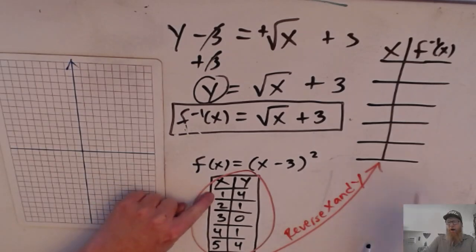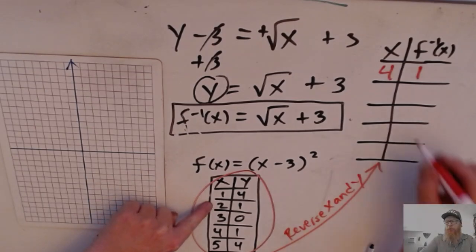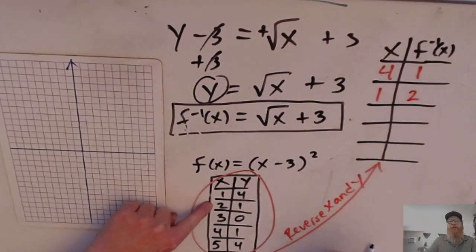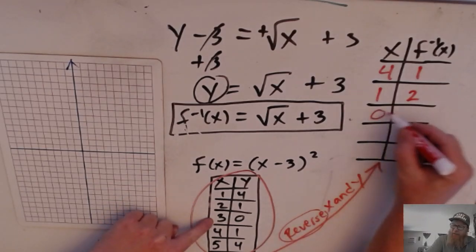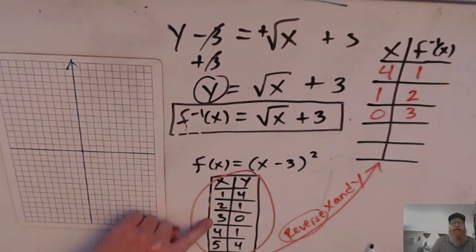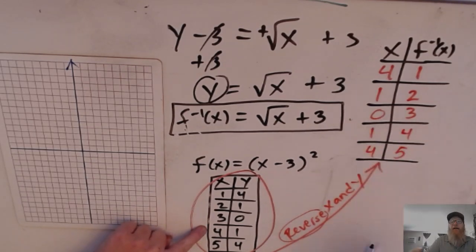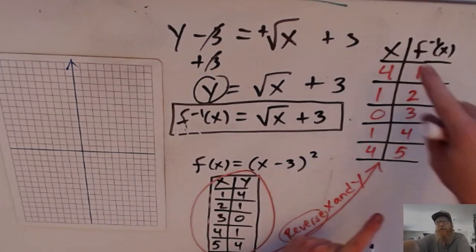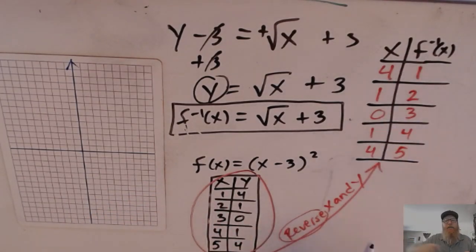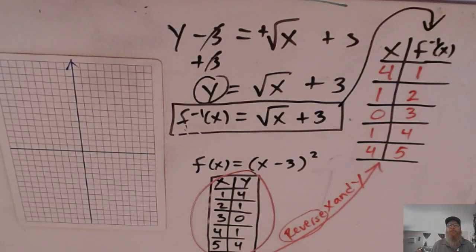So 1, 4 is going to become 4, 1. 2, 1 is going to become 1, 2. That's what an inverse does. It reverses the x's and y's. 0, 3, 1, 4, and 4, 5. So literally just take this whole chart and flip it over so that the x's are on this side and the y's are on this side. All right, so this is your inverse function table.